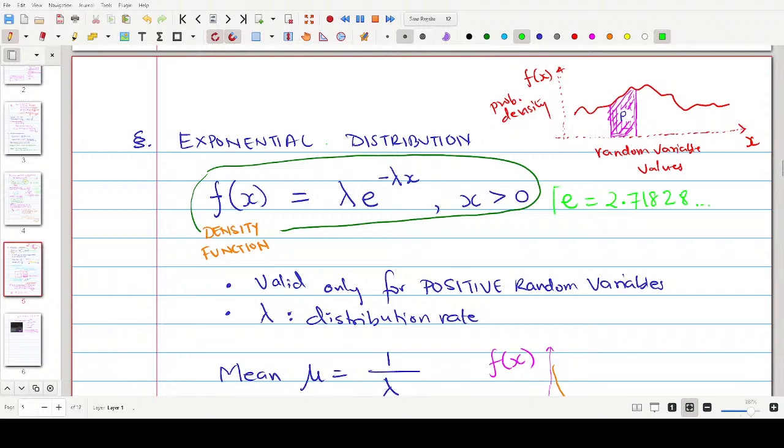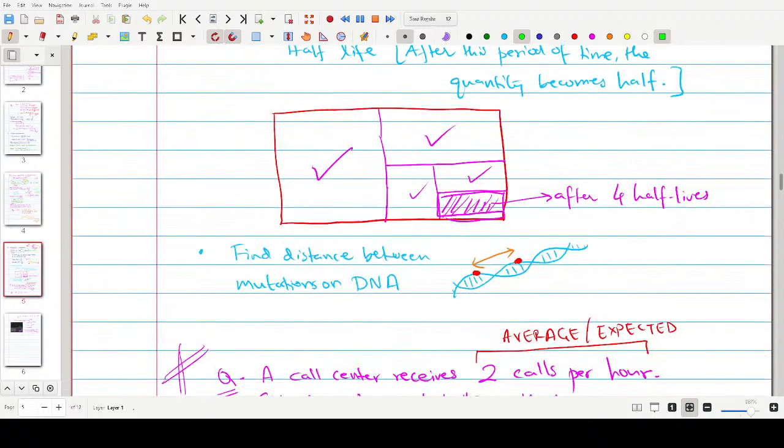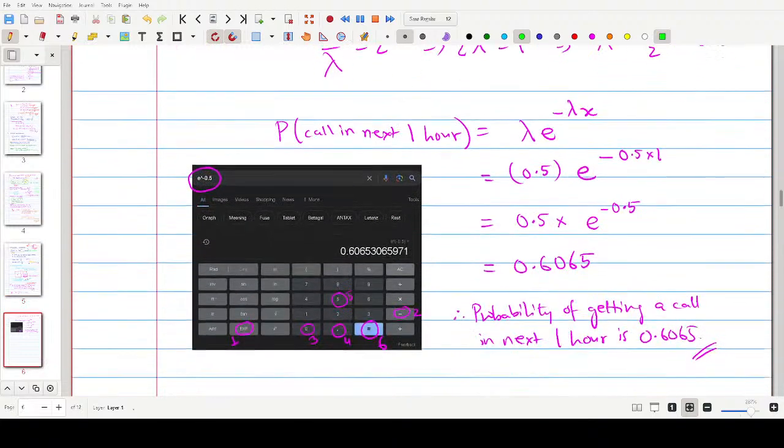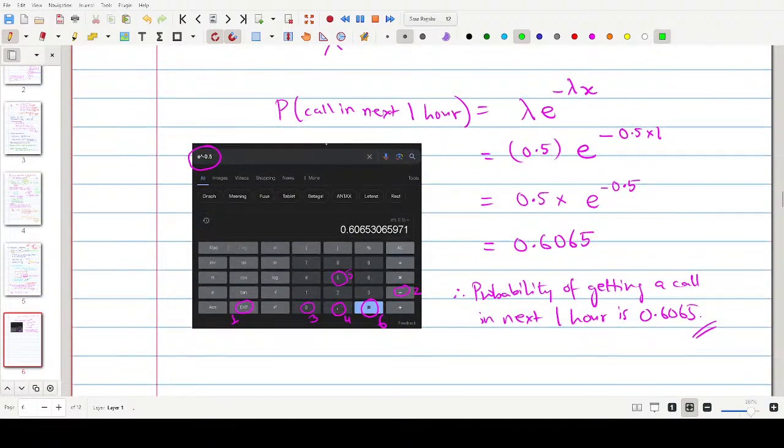So e is a very important number, by the way. We're going to use this value of e many times. But thankfully, our computers know about the value of e. So this is how we solve this problem.